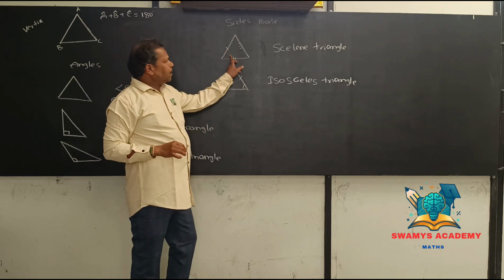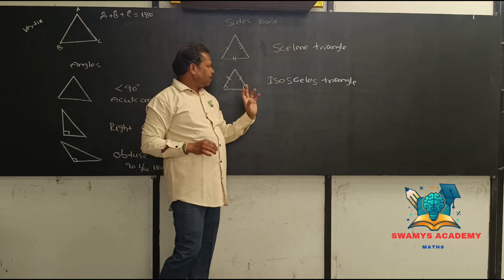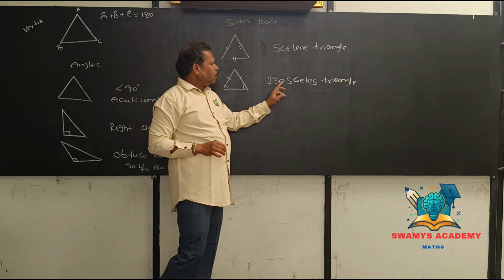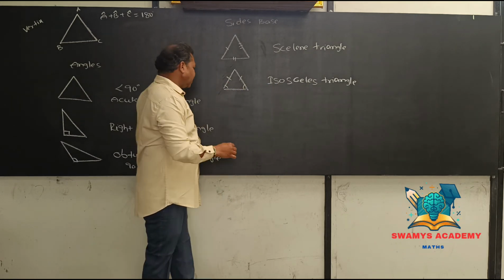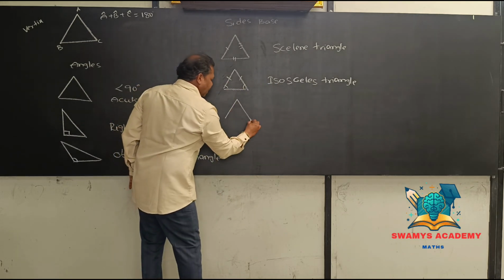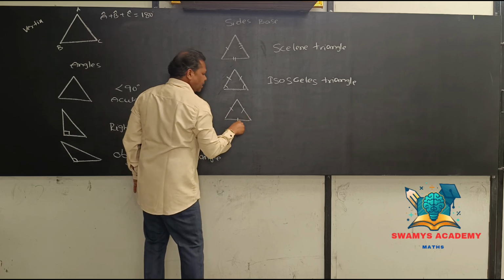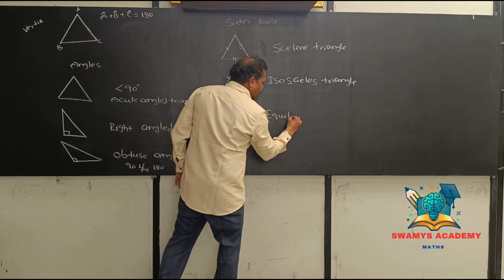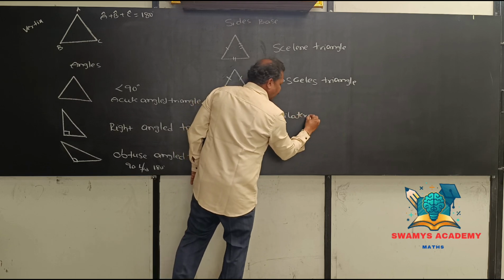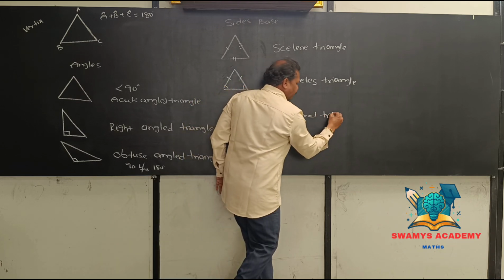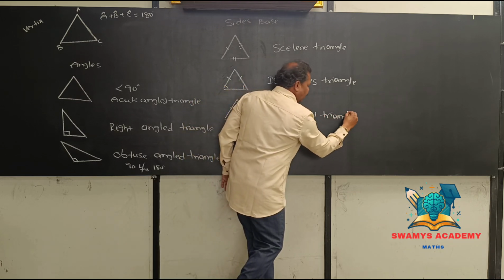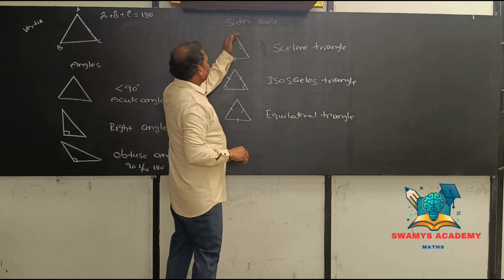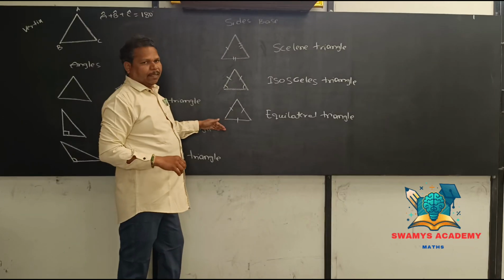If the three sides are different, that we call a scalene triangle. Any two sides equal, that we call an isosceles triangle. If the three sides are equal, that we call an equilateral triangle. This is related to sides-based triangles.